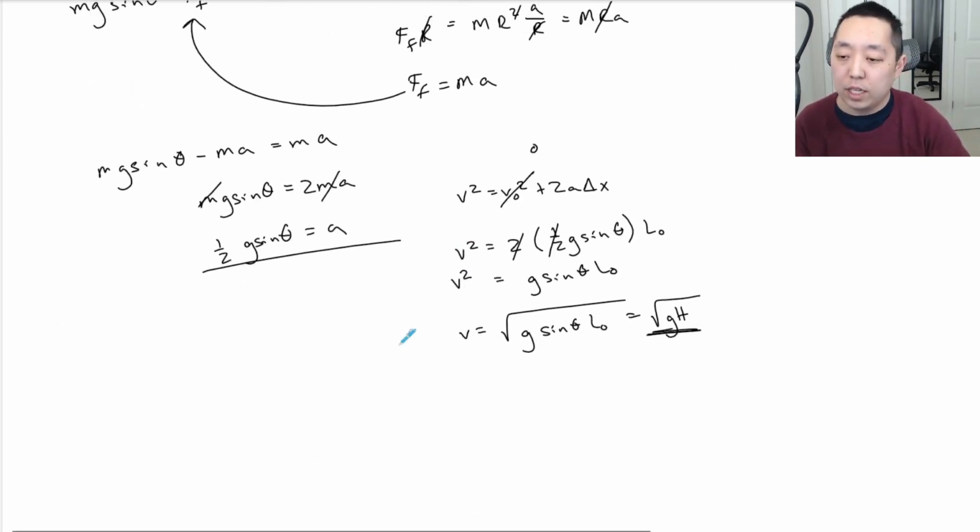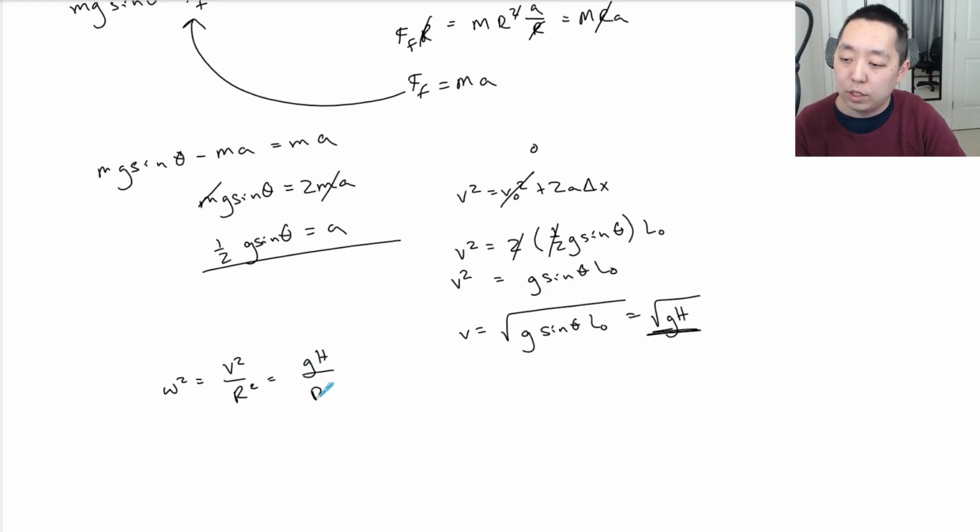Okay, so let's look at omega squared again, which is equal to v squared over r squared. That would be gh over r squared. And so now we have omega squared, we have v squared. Let's look at the total kinetic energy at the bottom: 1/2 I omega squared plus 1/2 mv squared. This is 1/2, and remember, the I for this one is mr squared.